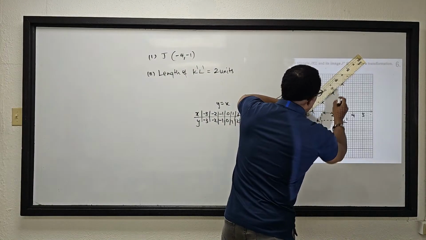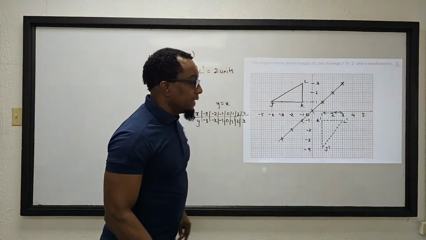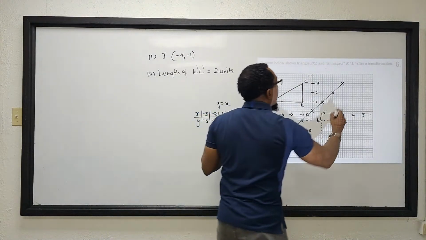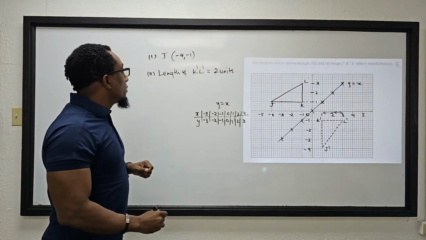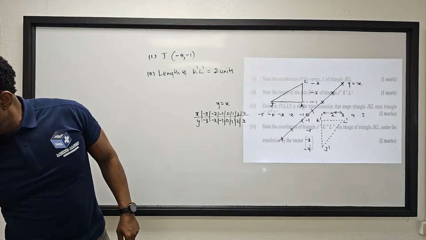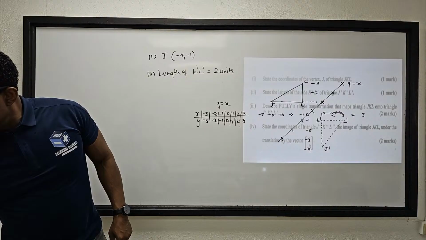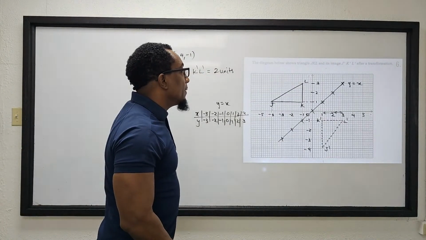So my mirror line here is y equal to x. And this shows us the single transformation that maps JKL onto J prime, K prime, L prime.